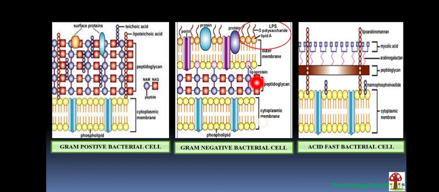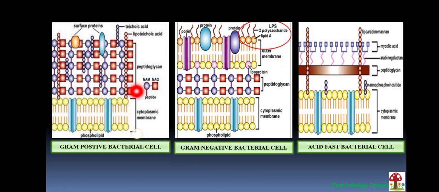Then the next one is gram-negative bacteria. Here in this picture you can see the peptidoglycan layer is very thin, about 10 nanometers. A single layer of peptidoglycan is present, because of which it is very thin. Same in acid-fast bacteria, the peptidoglycan layer is very thin.